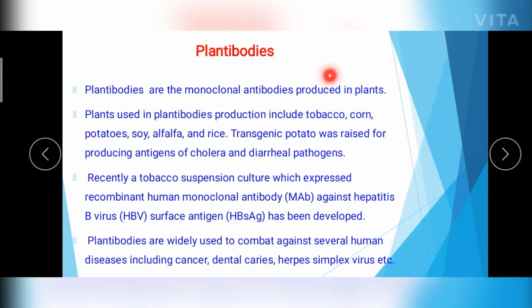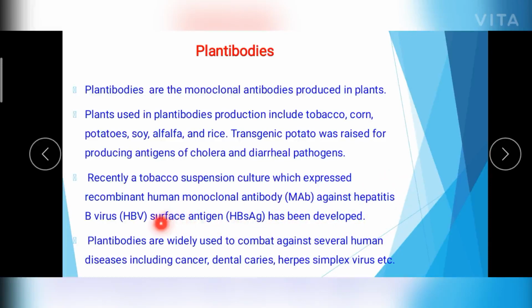Coming to the other example, plantibodies. These plantibodies are monoclonal antibodies which are produced in plants. The plants used in this antibody production are tobacco, corn, potatoes, soybean, alfalfa and rice plants. In the transgenic potato, you are able to produce antigens against cholera and diarrhea pathogens, and by taking tobacco suspension culture, you will be able to generate human monoclonal antibodies against hepatitis B virus infection.